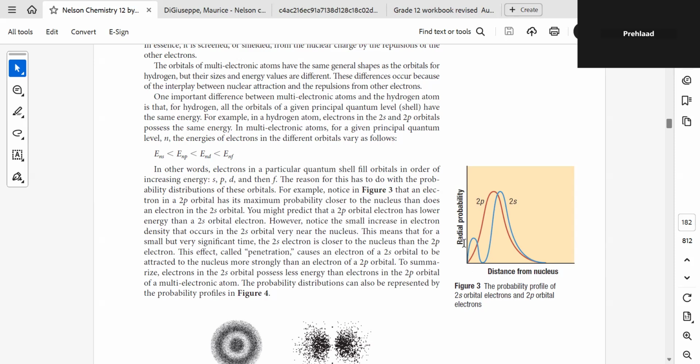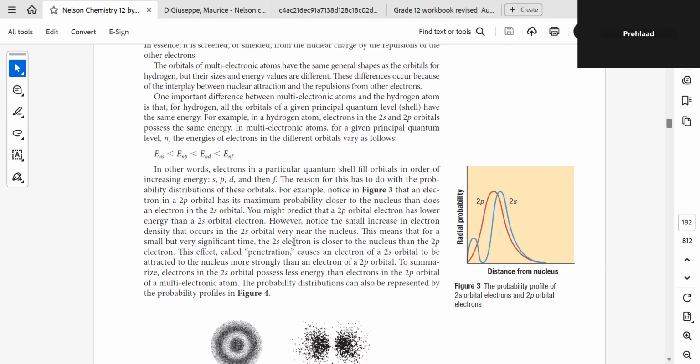That means the probability somewhere closer to the nucleus is higher. Then you have a node, and then you have another peak.